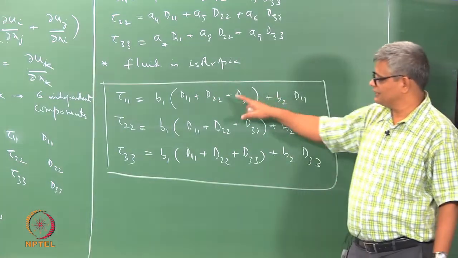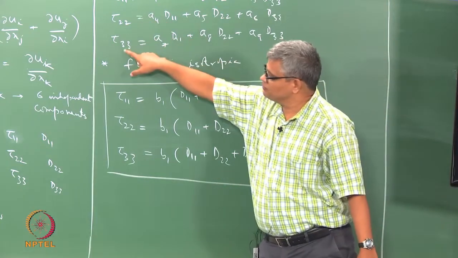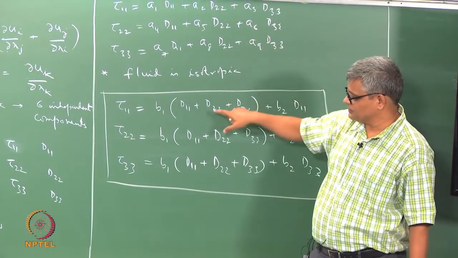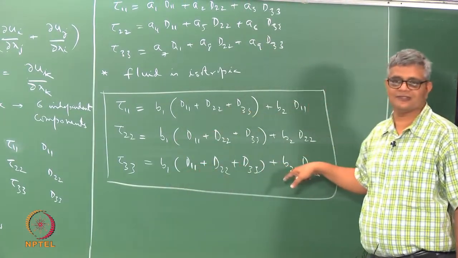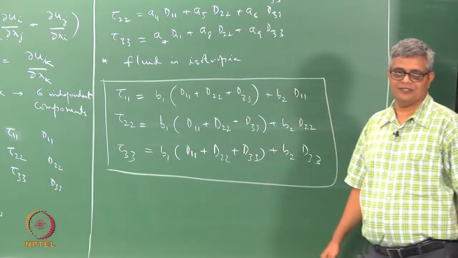So this is a relation between the same three components on the left hand side and the same three components on the right hand side, written with only two independent constants, and this kind of relation is applicable for an isotropic medium.